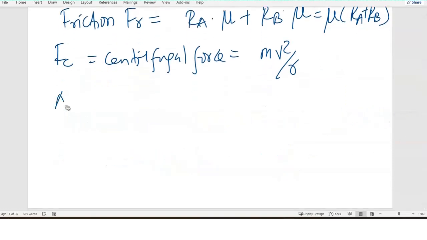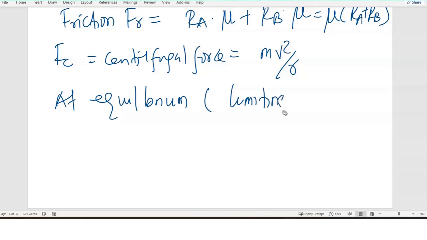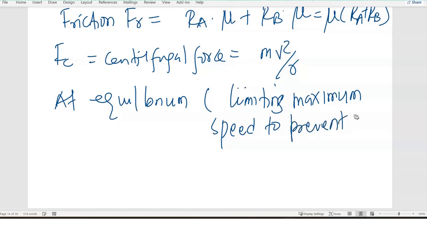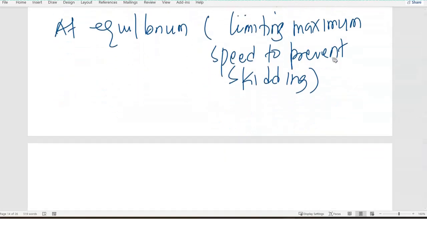So at equilibrium, that is, we are limiting the maximum speed to prevent skidding. If skidding is not to happen, then this speed must never be greater than some value.